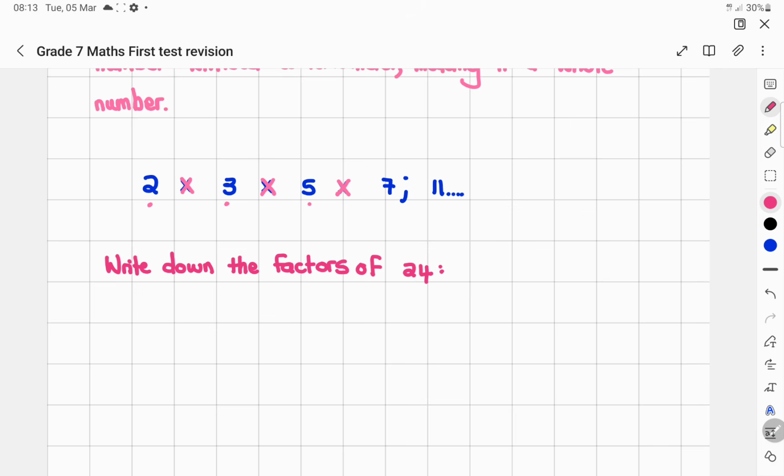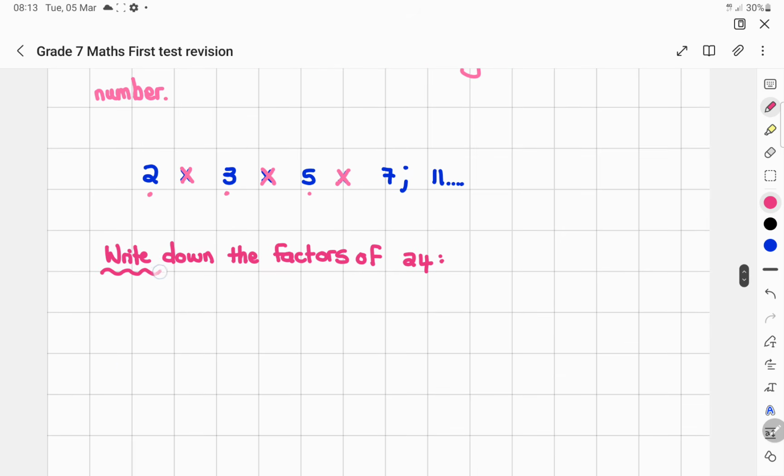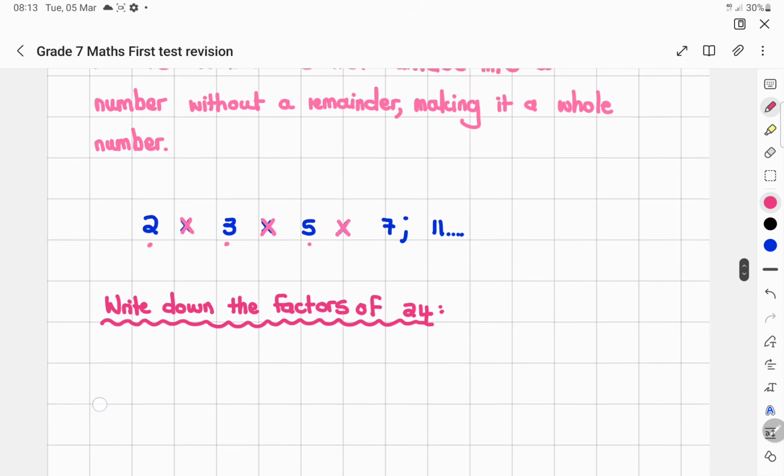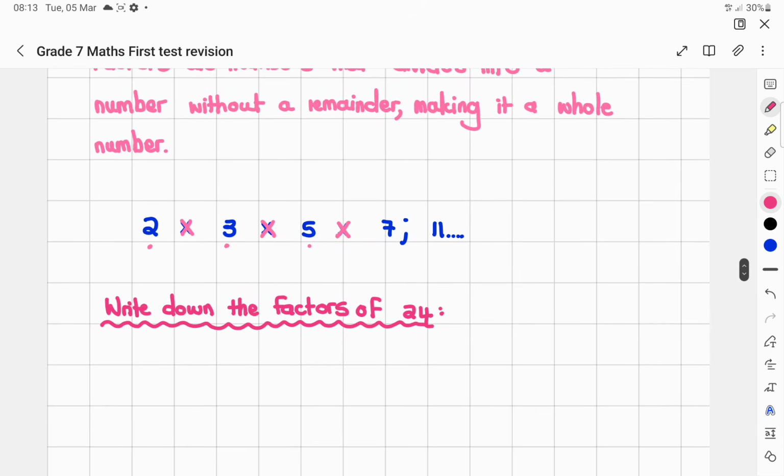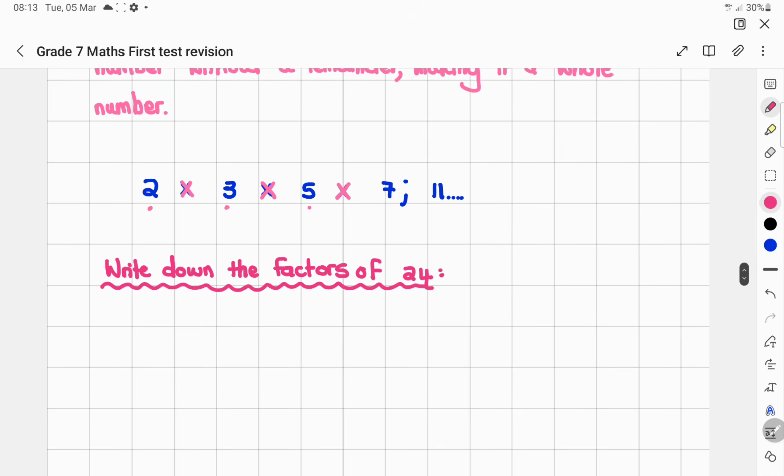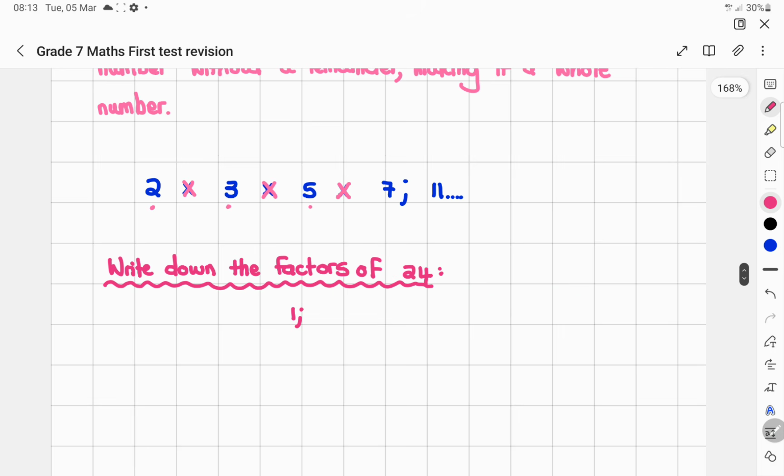So these are all the numbers that it is divisible by, all the numbers that you're going to divide 24 with, and it gives you no remainder. So you always start with 1. 1 will be your first one. Then, is 24 an even number? Yes, so it's divisible by 2. Is 24 divisible by 3? Yes, so it can be divided by 3, which gives you 8.